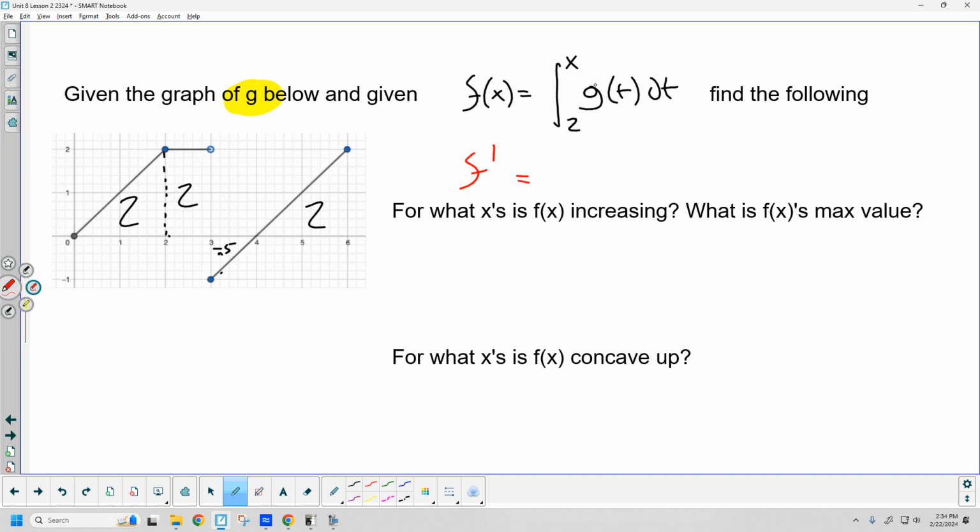The derivative of an accumulation. There you go. Yep.